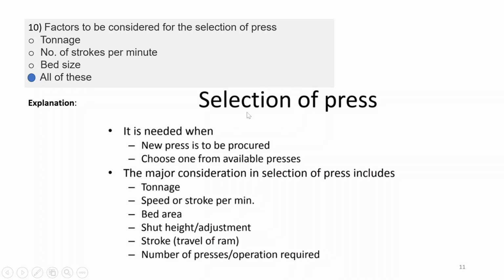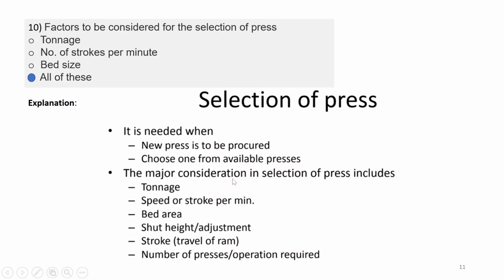Why do we require to select these presses? Because when you are purchasing a new press, you first need to understand the size of stock, the strokes per minute required, and the production rate. All those will help you in deciding which press to purchase, and then choose one from available presses, based on which one will suit you best.